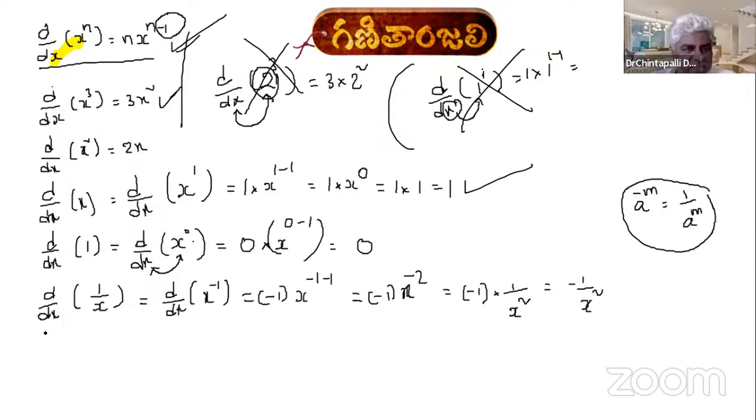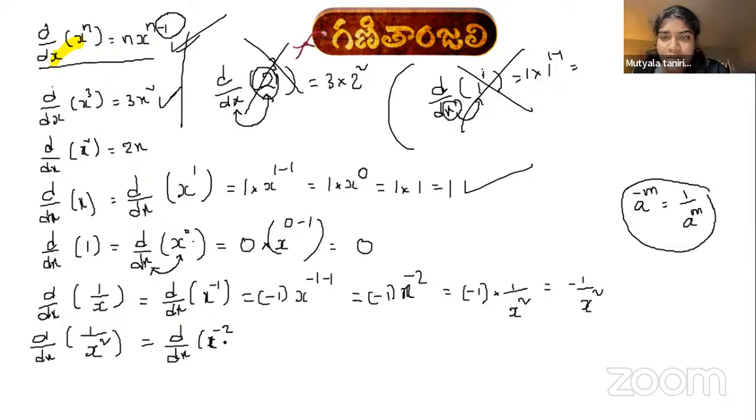Next, what is d by dx of 1 by x square? That is d by dx of x to the power -2.